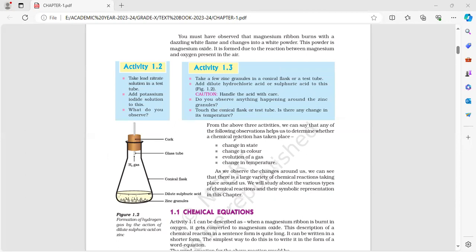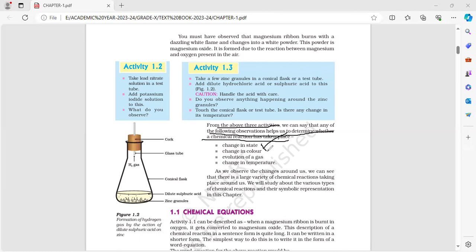Now let us see here. From the above three activities, 1.1, 1.2, 1.3, we can say that any of the following observations help us to determine whether a chemical reaction has taken place. In the previous three activities, you might have observed a change in these four. Change in state: when we added zinc metal, gas is liberated.